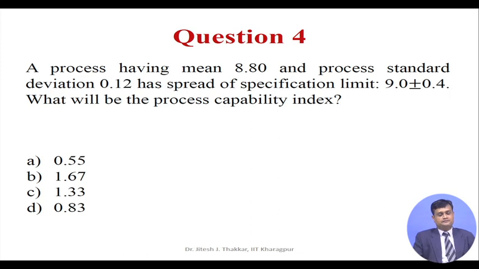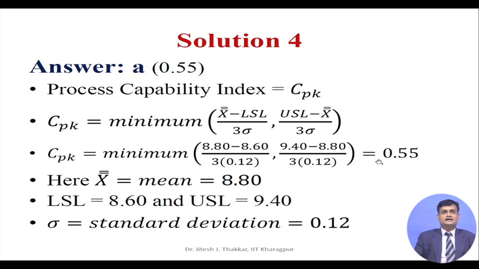Question 4, a process having mean 8.80 and process standard deviation 0.12 has spread of specification limit 9 plus or minus 0.4, what will be the process capability index? A, 0.55, B, 1.67, C, 1.33, and D, 0.83. The correct answer is A, 0.55.